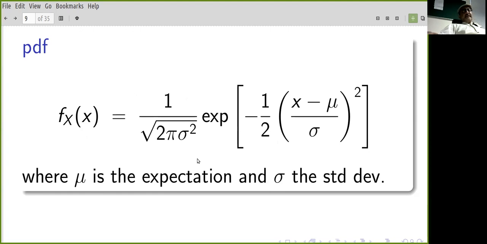And you can see that in the case of the standard normal, sigma squared and sigma are equal to 1 and mu is equal to 0, and if you put those values in, this would default back to the standard normal.